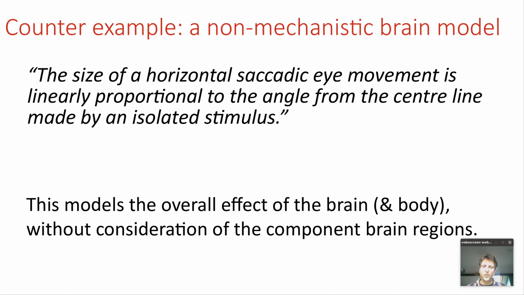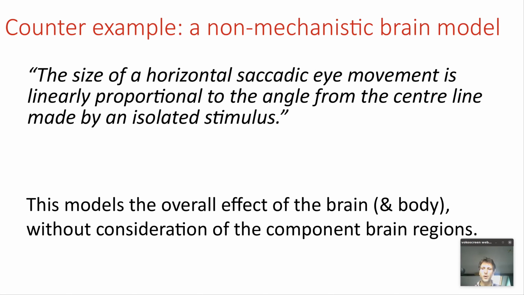If you're worried about what a mechanistic brain model is, think about what a non-mechanistic brain model is. I've written down a quote here which gives you an example of a non-mechanistic brain model. And that is, the size of a horizontal saccadic eye movement is linearly proportional to the angle from the center line made by an isolated stimulus, which is just another way of saying, you look at a stimulus.